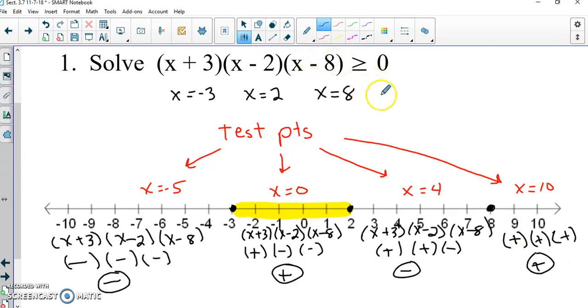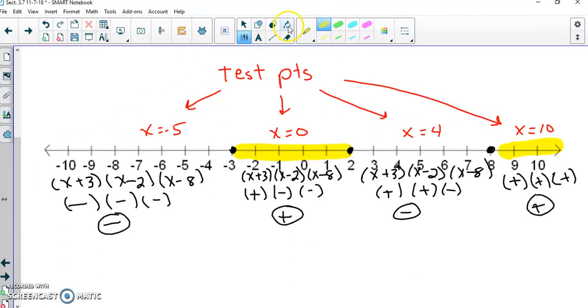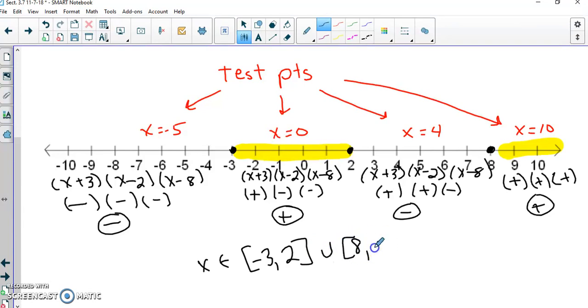And so that's going to be positive. So we also want positive here, so that piece would be part of our answer. And now the final solution set would be x exists from -3 to 2, union 8 to infinity.